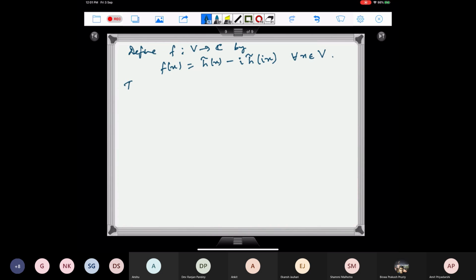So then, if we look at f of x plus y, you can check this is f of x plus f of y. This is easy to check, because h tilde is real linear.